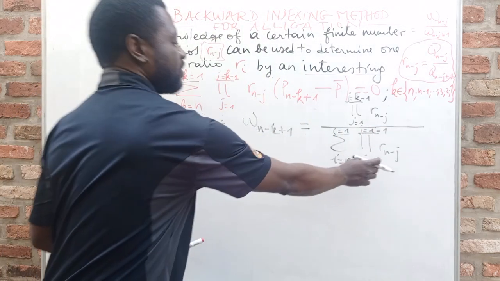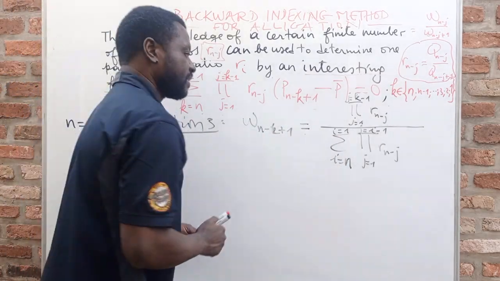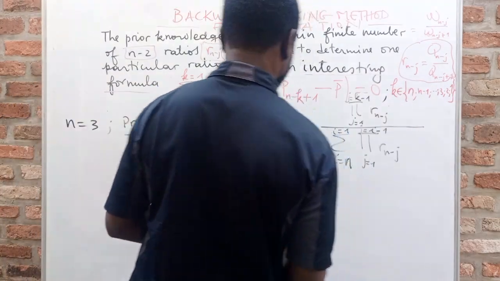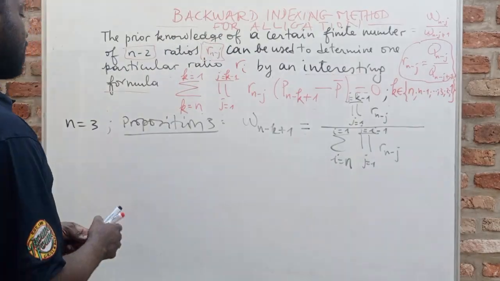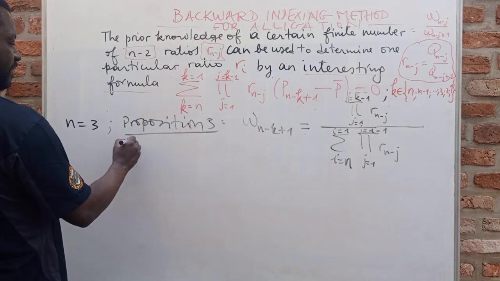Here it is j, but for the whole index in k, it is from n until 1.